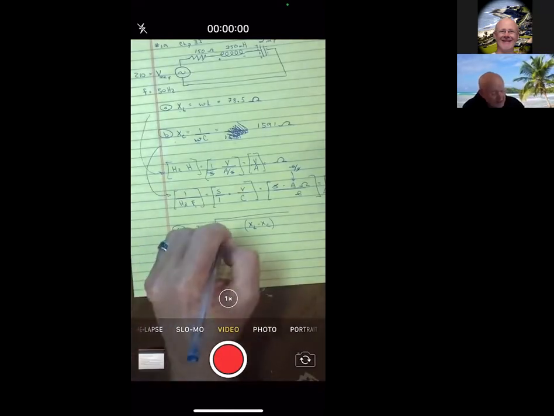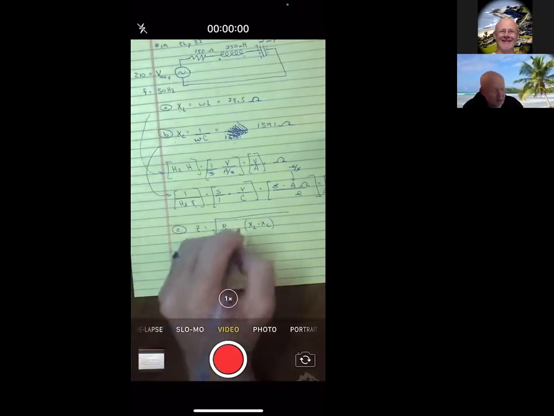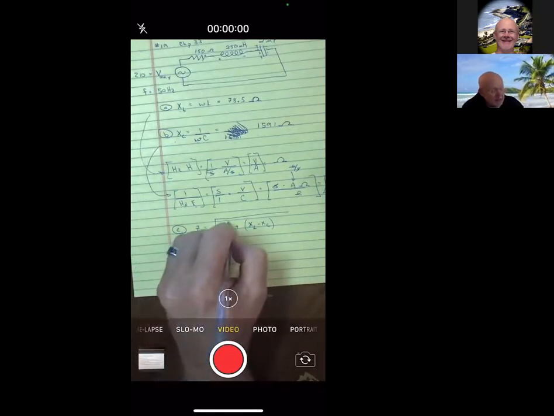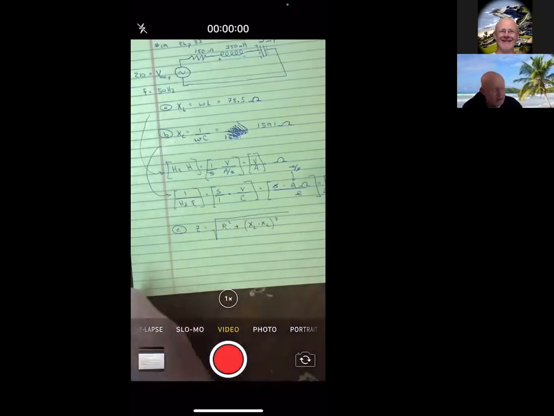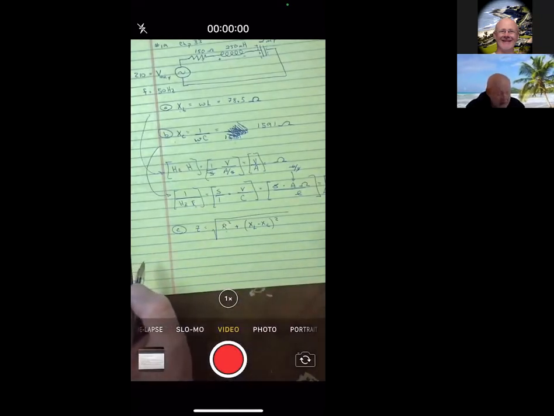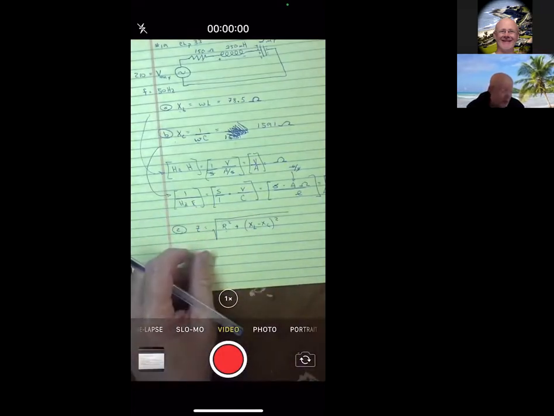And then the resistance also comes into play. But it comes into play like you would be adding a vector at right angles, because one would be like a sine function and one would be a cosine function. So to get its magnitude, we have to add it like we would do a Pythagorean theorem, a quadrature. We call that addition in quadrature.